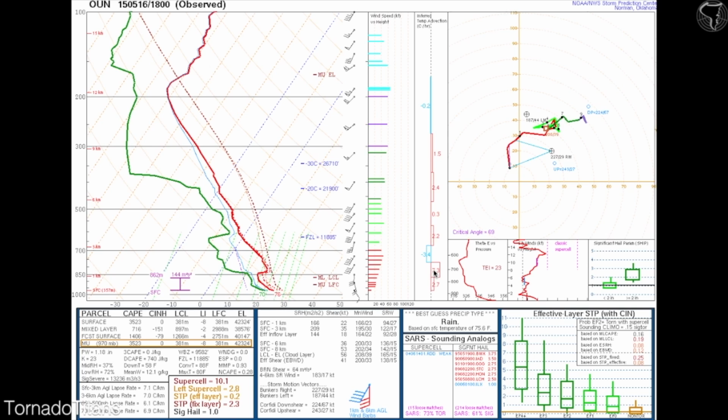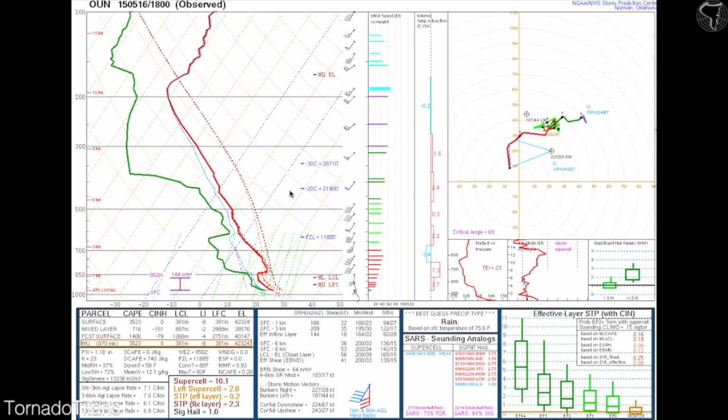The ingredients for this composite parameter include effective storm relative helicity, the most unstable CAPE, and the effective bulk wind difference. This parameter is designed to show where these three ingredients overlap the most with one another in an environment.